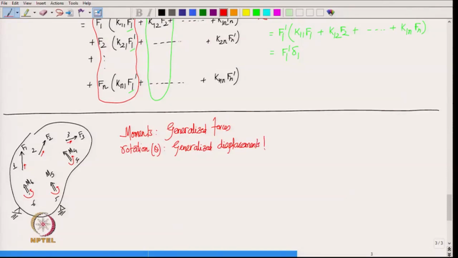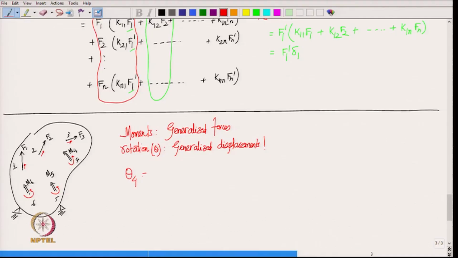All right. And if we then think in terms of generalized forces and generalized displacements, then we need not differentiate between force and moment or displacement and rotation, and our entire formula would simply hold as it worked for just the force and displacement.